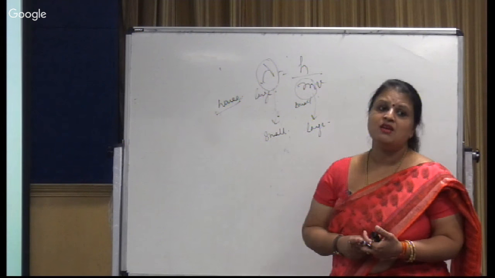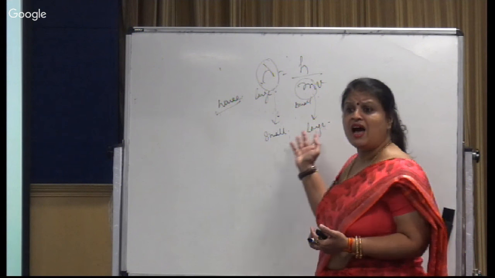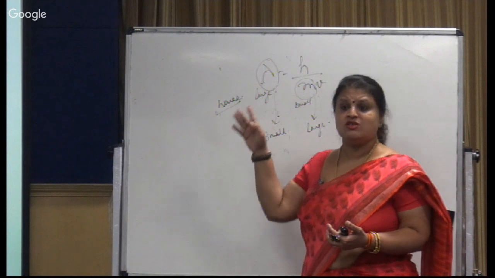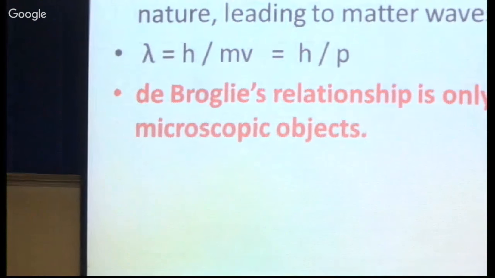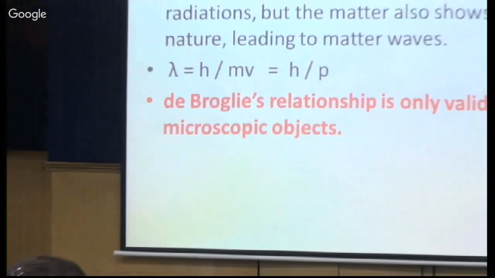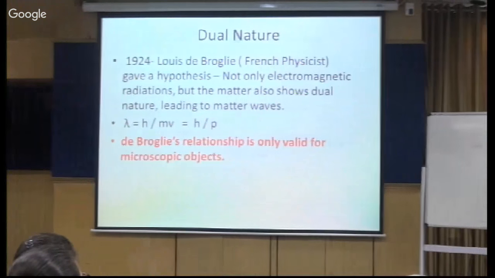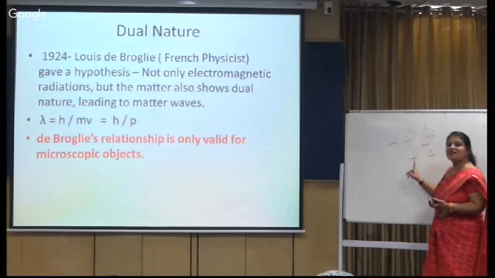That basically reflects that macroscopic objects will have negligible wave nature. Okay, so this relationship is valid only for microscopic objects, because for microscopic objects this value of wavelength has a substantial value, whereas for macroscopic objects it becomes negligible.